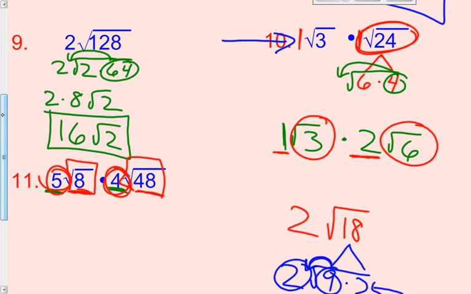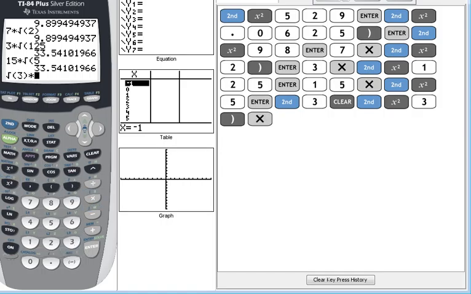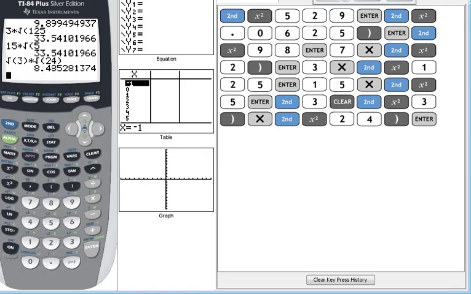On these problems, do you think you could check your work in your calculator? Absolutely you can. Let me show you how to do that. I encourage it. It's not cheating, it is being smart. So please do that if you would like to make sure that you get the right answer. Square root 3 times square root 24. That answer is 8.485.